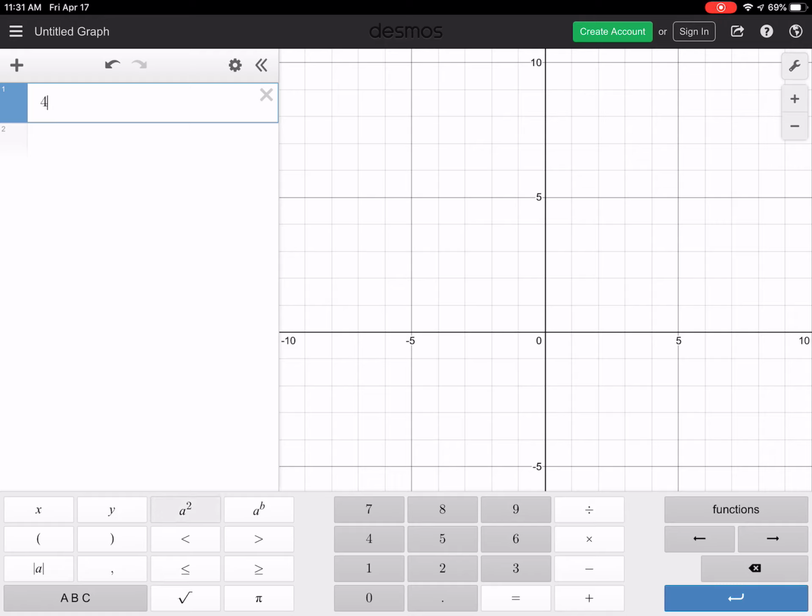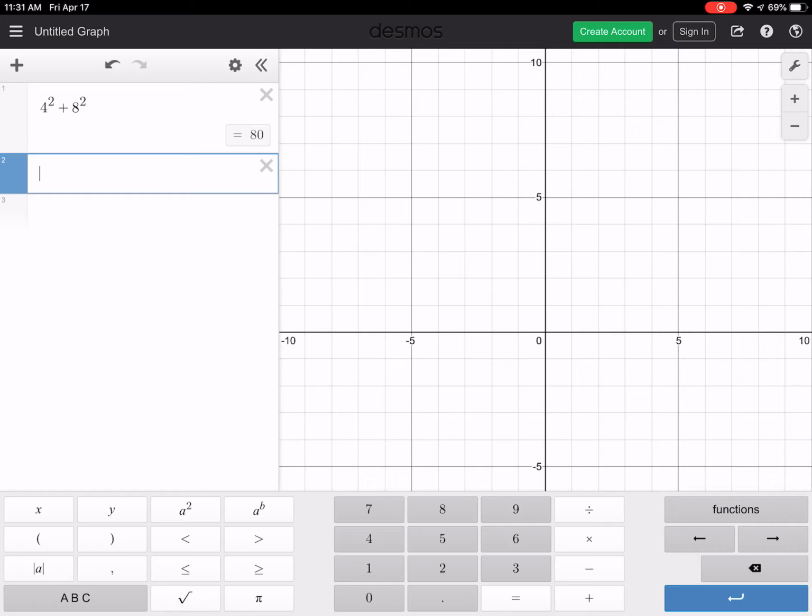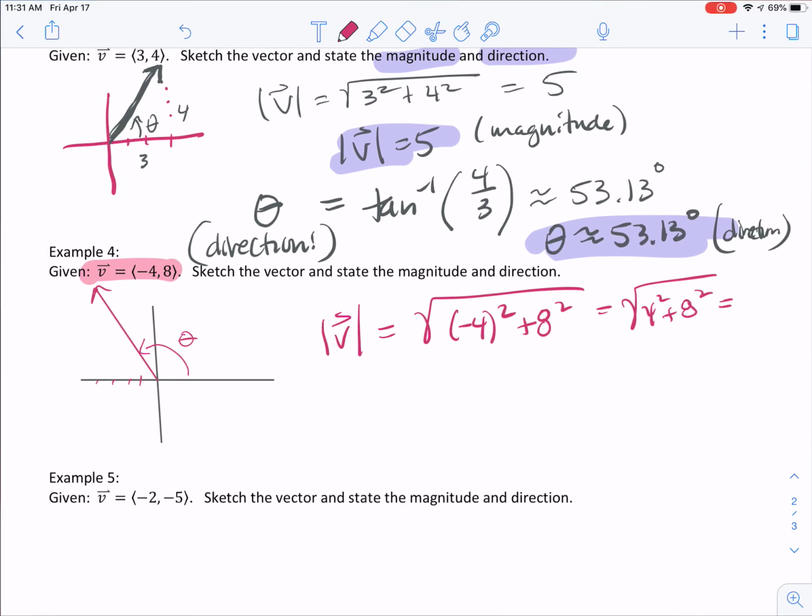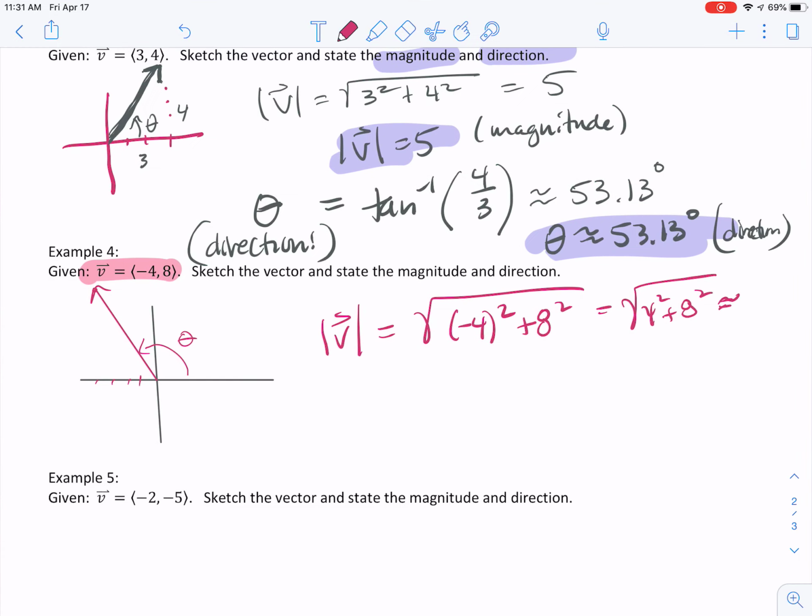So you'll go 4 squared plus 8 squared. See how it does it? And now I'm still under the square root. So I probably should have put that in the beginning. But I can do it now. Square root of 80. I could have done it all in the beginning. 8.94. Okay? So that's approximately 8.94 is your length.